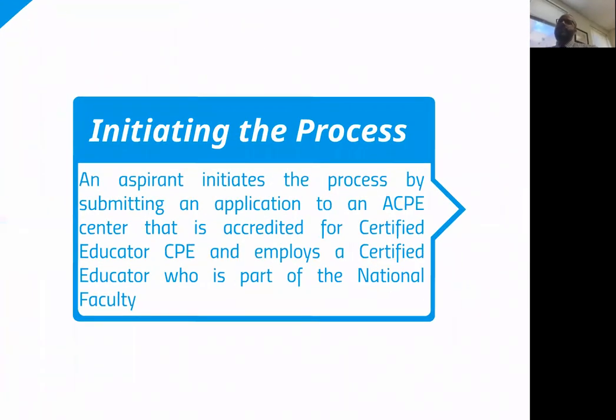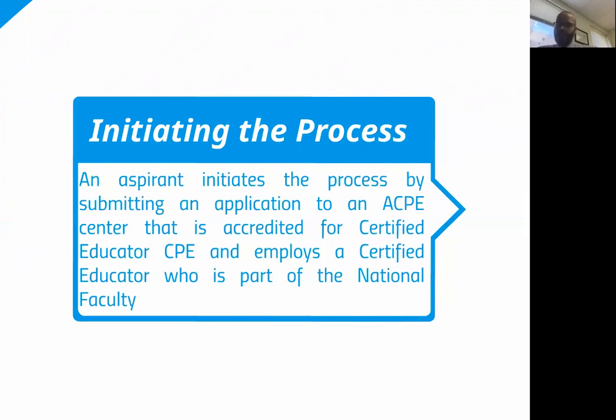In terms of initiating the process, an aspirant or applicant initiates by submitting an application to an ACPE center or centers that is accredited for Certified Educator CPE, and that center employs a certified educator who is part of the national faculty. We will be distributing more information about the national faculty and how one can become a member.